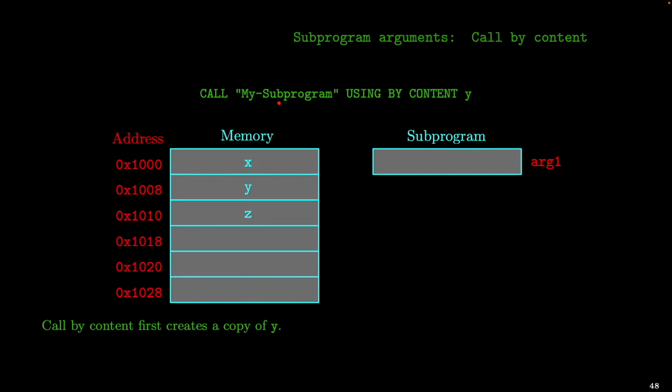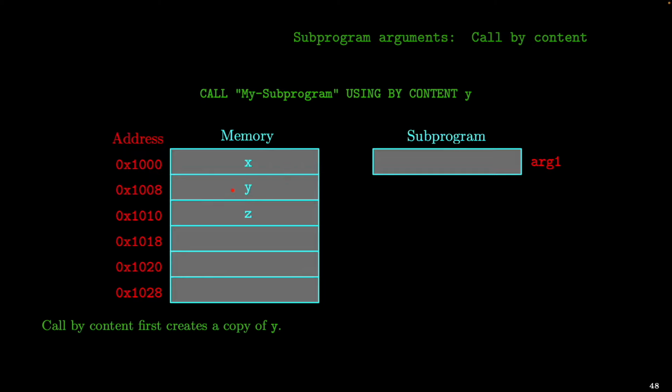The second way of passing arguments to a subprogram is this one, call my subprogram using by content y. So this may be a bit odd. It's similar to by reference, but now we want to pass the parameter y to the subprogram.